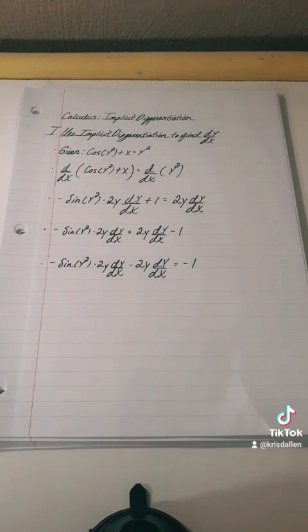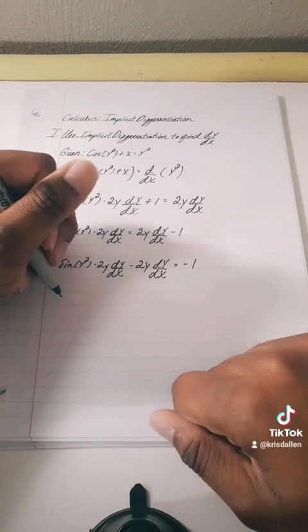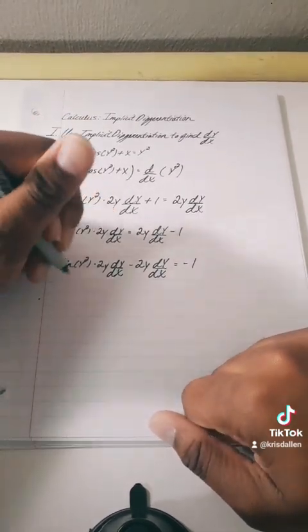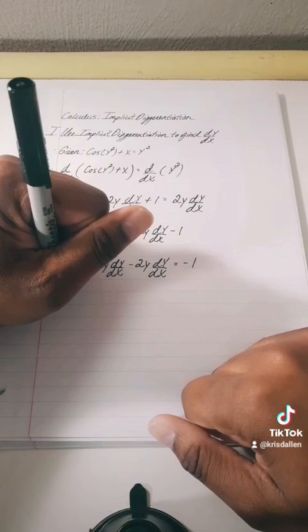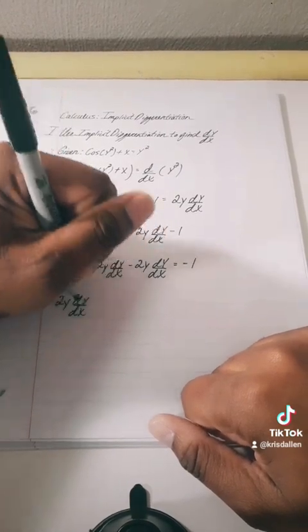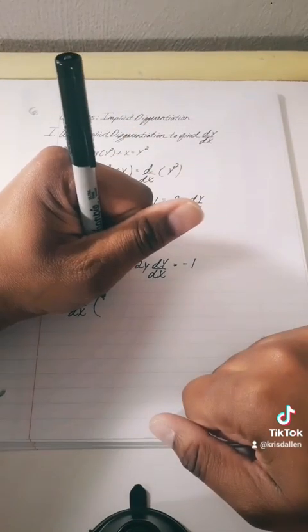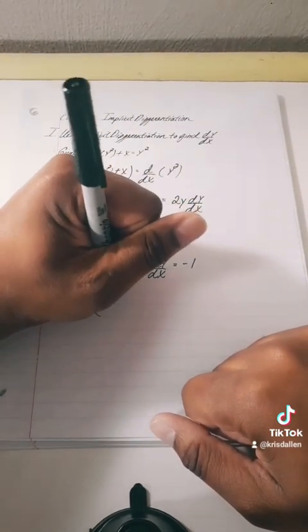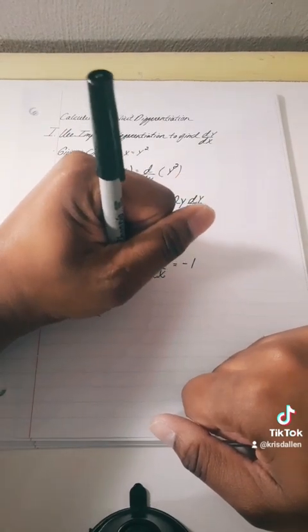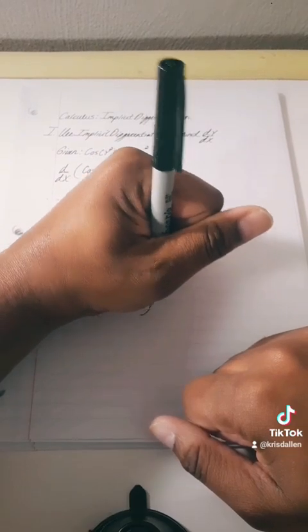Now what I can do is I can factor out a minus 2y times dy over dx on this left-hand side. So if I do that, I'll have minus 2y times dy over dx, and if I factor it out, it looks like what I'll have on the inside is a positive sine of y squared plus 1, and that's going to be equal to negative 1.